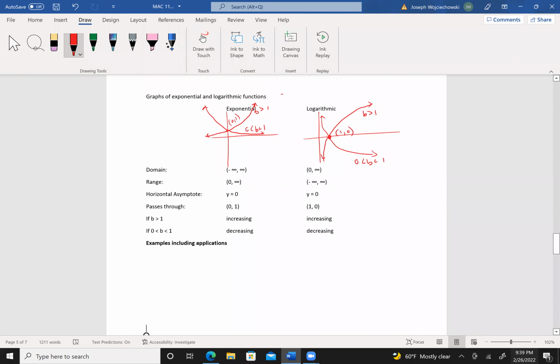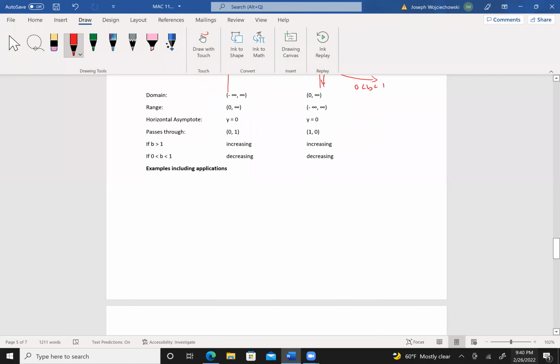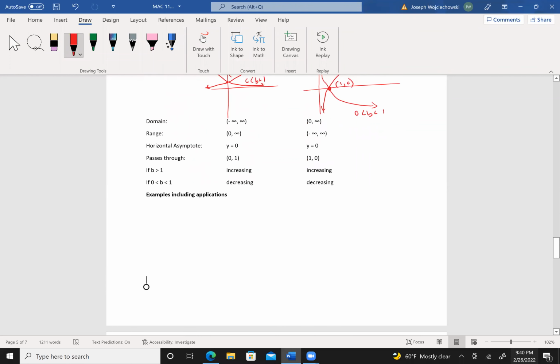So let's look at g of x equals the log base 3 of x minus 4, plus 1.